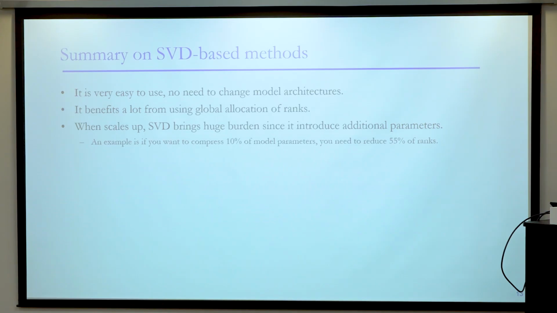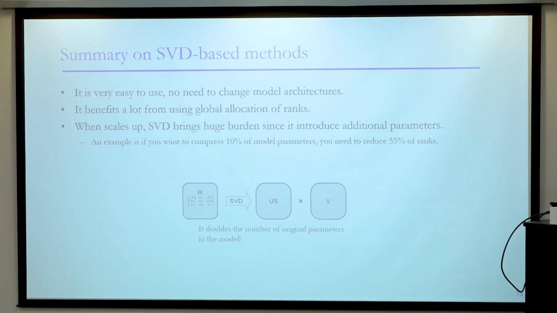But the problem of singular value decomposition based methods is that if you want to scale up, SVD brings a huge burden since it introduces additional parameters. If you look at the example below, where we try to decompose the original weight matrices using singular value decomposition, it makes it two.